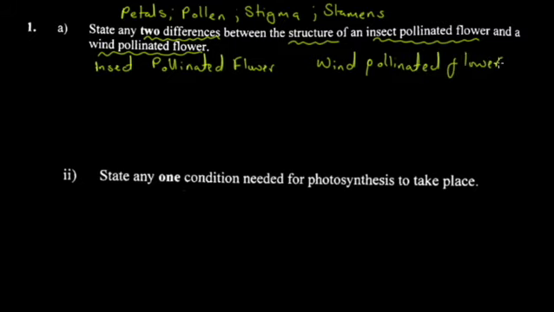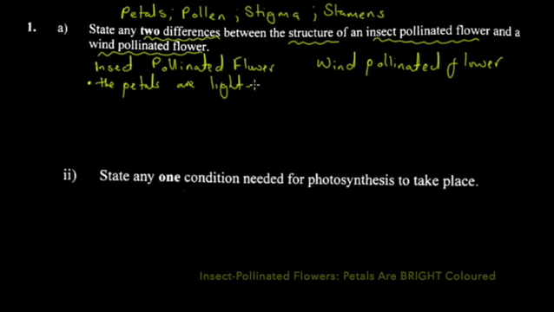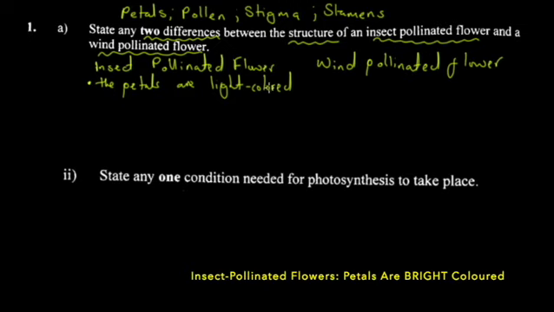Okay, so now we are going to answer it in tabular form. So insect pollinated flower, you could say the petals are light colored. If you're writing British spelling, you have to put OU here, but then this is the American spelling.